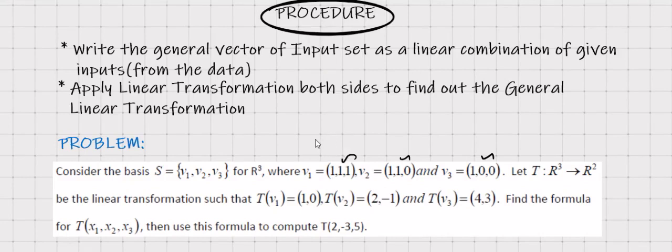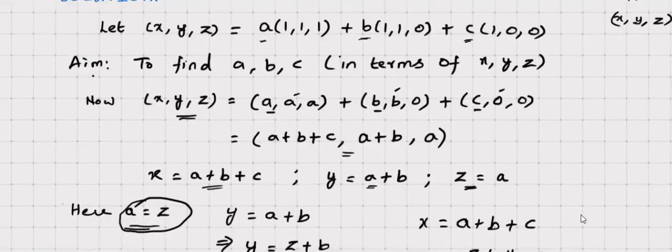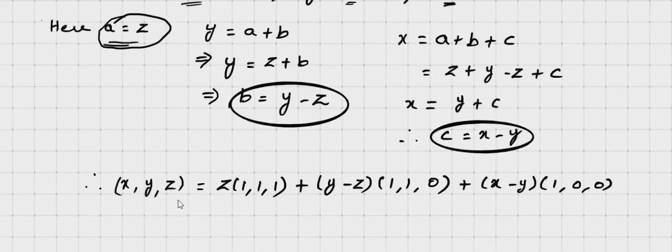I have written the general vector of the input set as the linear combination of given inputs. See, that work is over. The given inputs were (1, 1, 1), (1, 1, 0) and (1, 0, 0).